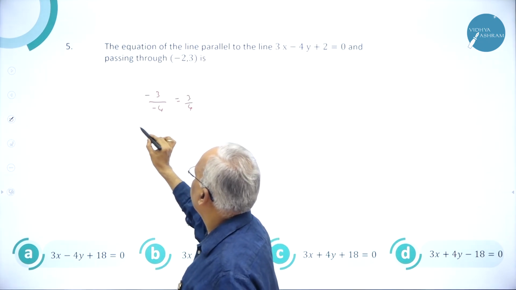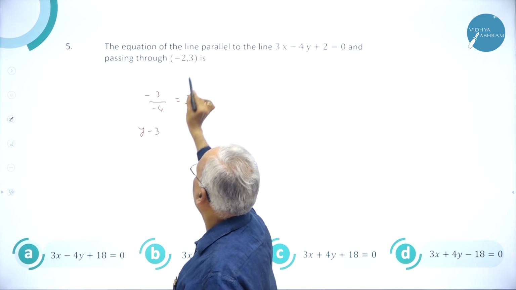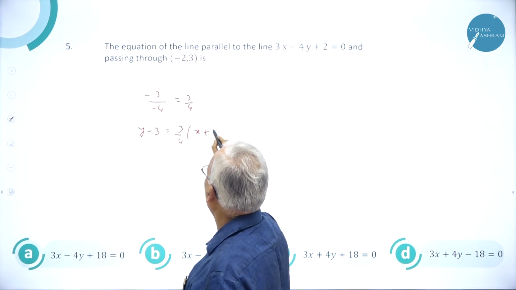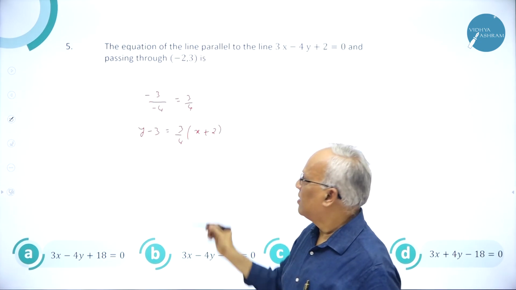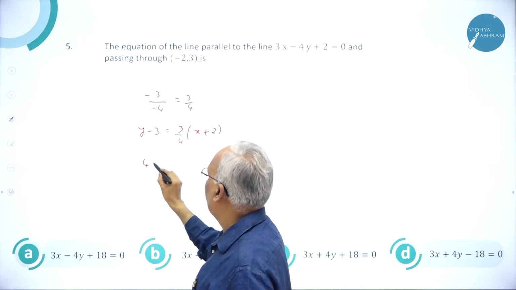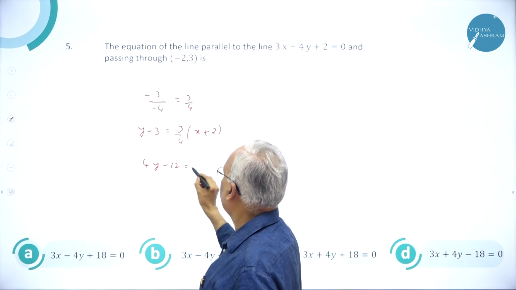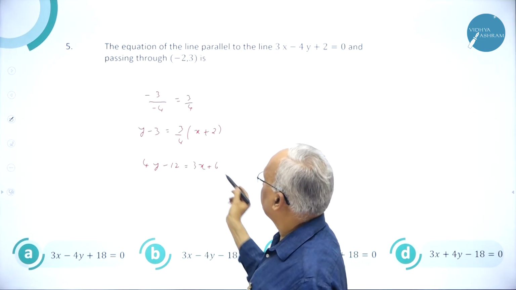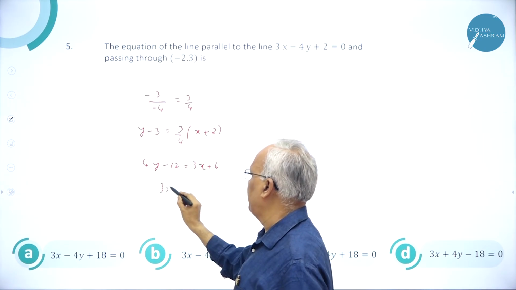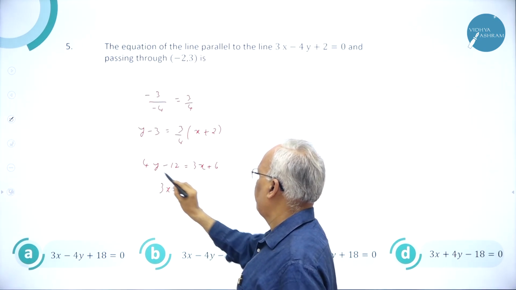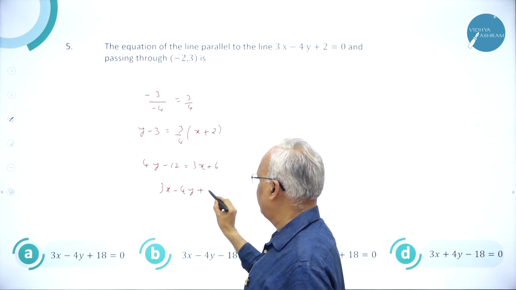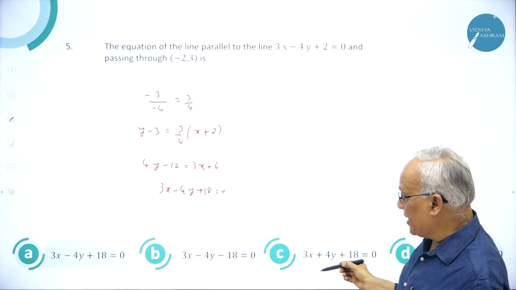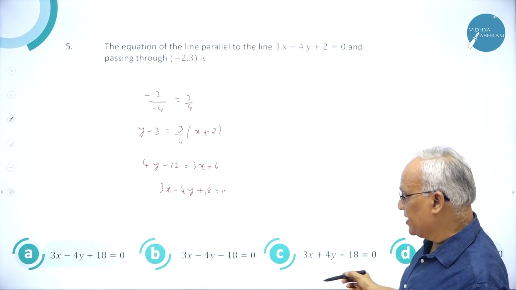Therefore, the equation of the line is given by y minus 3 is equal to 3 by 4 into x minus of minus 2, it is x plus 2. Cross multiplying, we get 4y minus 12 is equal to 3x plus 6. Therefore, shifting everything to one side, you get 3x minus 4y plus 18 is equal to 0.